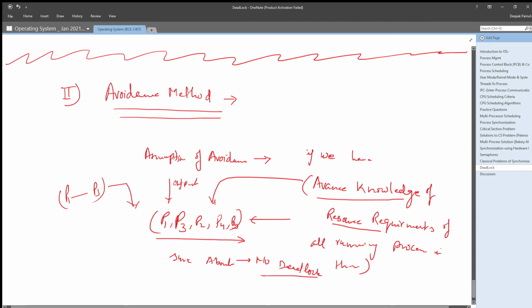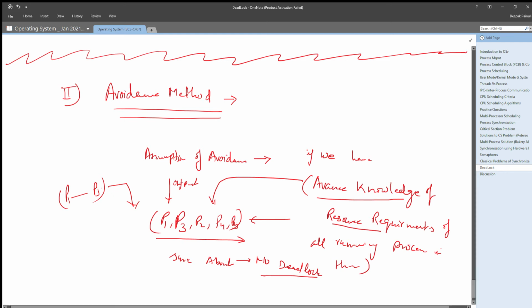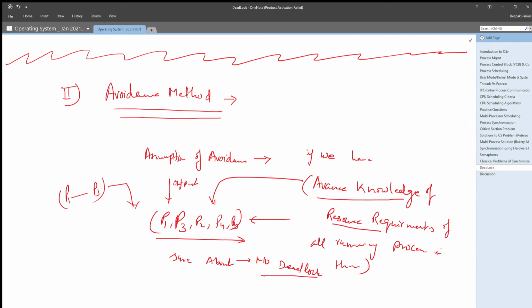Now you got the point of what we are trying to do in the avoidance method, right? So the assumption is simply that if we somehow get the knowledge of all the resource requirements from start to end for a particular process, what all the resources that particular process will require, if we have that knowledge in advance, then we can develop a sequence of processes which could avoid forthcoming deadlock in the system, right?